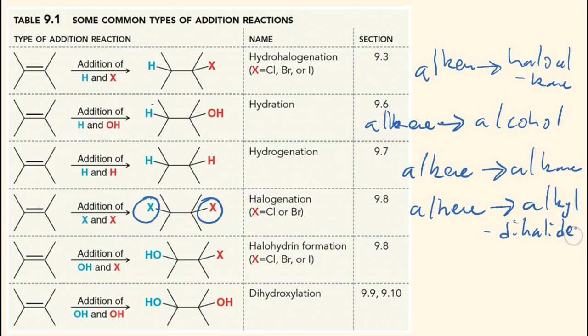If we add a hydroxyl group to one side and a halogen to the other, we make a halohydrin. And if we add a hydroxyl group to both sides, that's dihydroxylation. That gives us a diol.